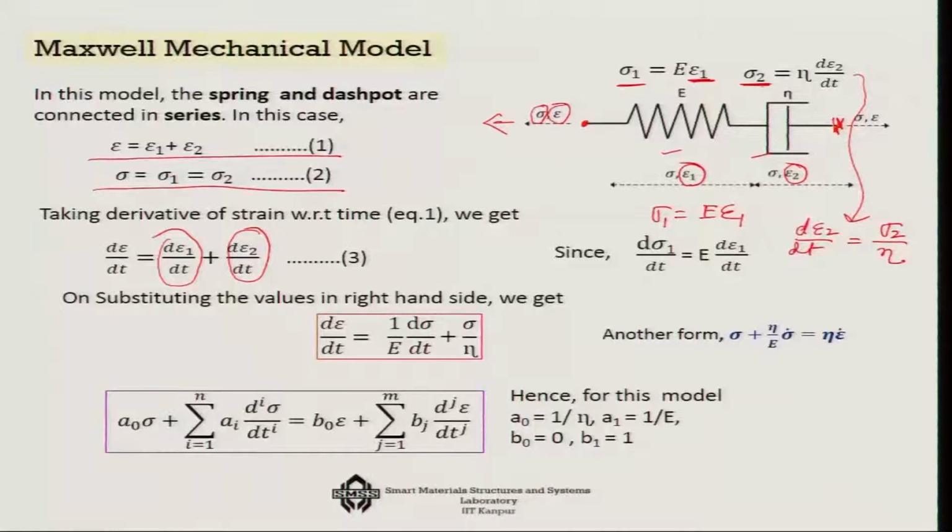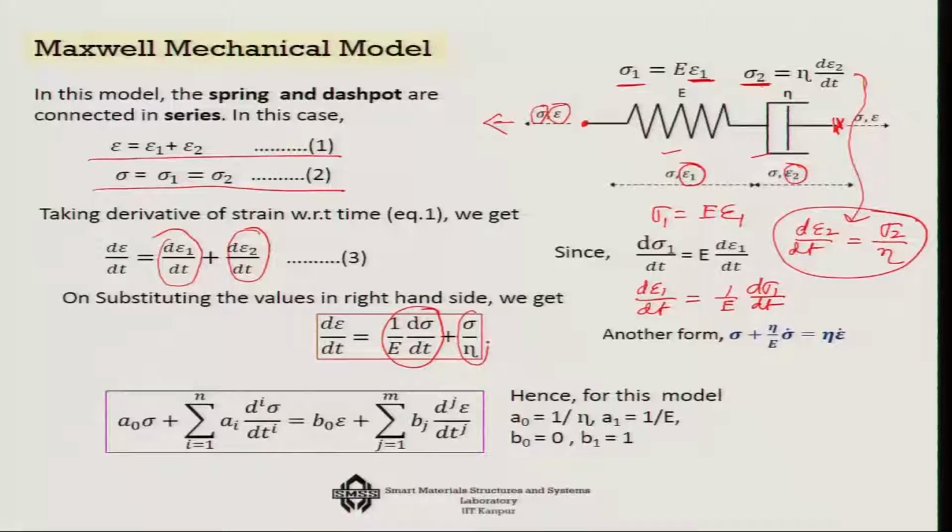From this model we can say basically that d epsilon 2 dt is nothing but sigma 2 over eta. So then we can write equation 3 by substituting all these things in the right hand side: d epsilon dt is d epsilon 1 dt, and with a little bit of simplification, d epsilon 1 dt is 1 over E d sigma 1 dt. That is our first part, and the second part is d epsilon 2 dt, which for the viscous element is sigma 2 over eta.